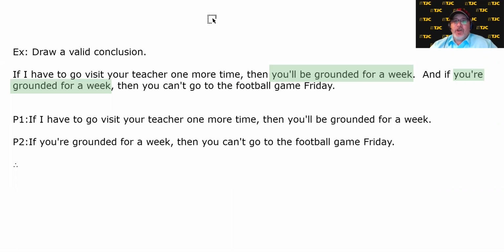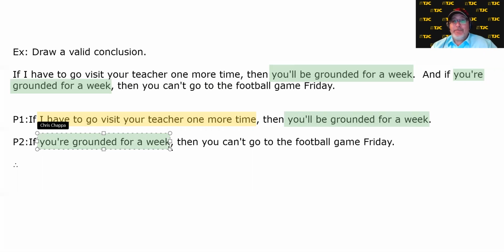This has the setup for the law of syllogisms. The first premise is a conditional with its antecedent and its consequent. But the second premise is another conditional whose antecedent matches the previous consequent and has a new second consequent.